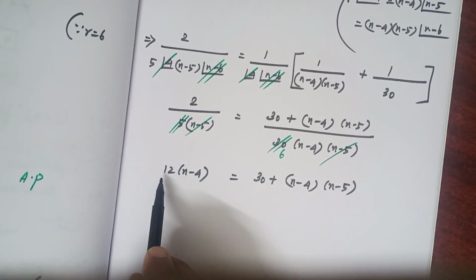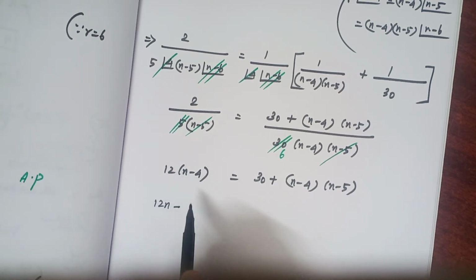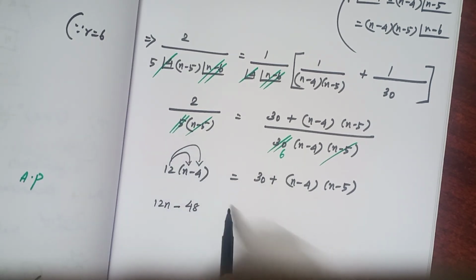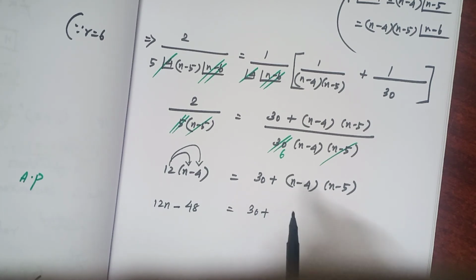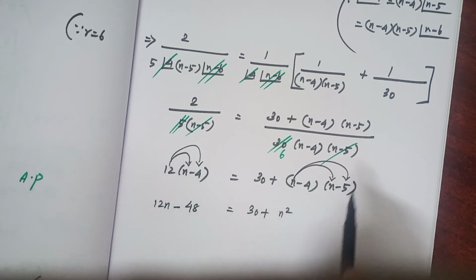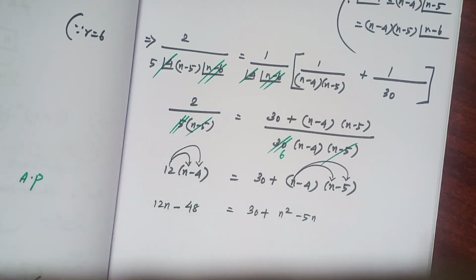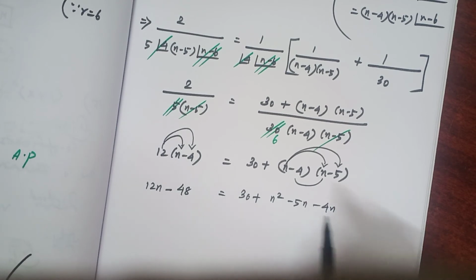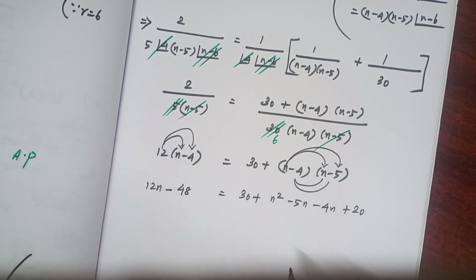Now, usual multiplication, 12 into n, 12n minus 12 into 4, that is 48. That is equal to 30 plus n into n, n square, n into minus 5, minus 5n, minus 4 into n, minus 4n, minus into minus plus, 4 5s are 20.